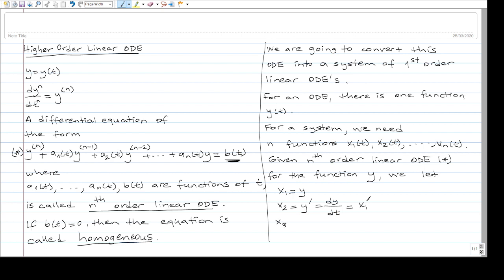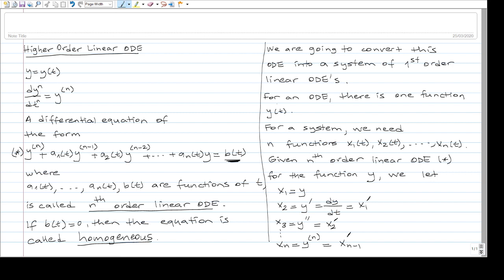And then the variable x3 is going to be the second derivative of y, which is the derivative of the first derivative, but the first derivative is x2, so x3 is the derivative of x2. So we keep going this way until we have xn, which is the n minus first derivative of y, and this is xn minus 1 prime, the derivative of the previous variable xn minus 1.